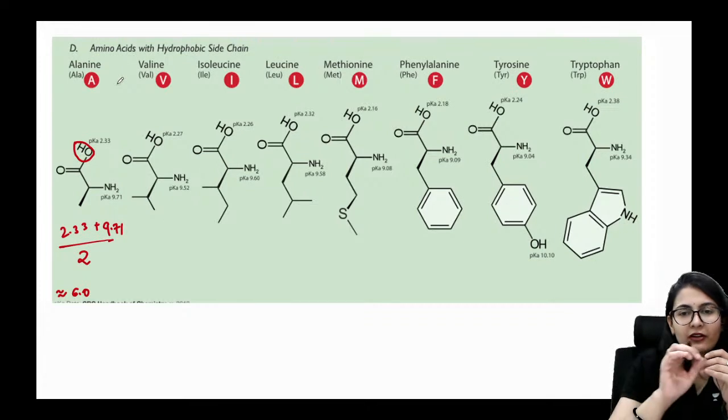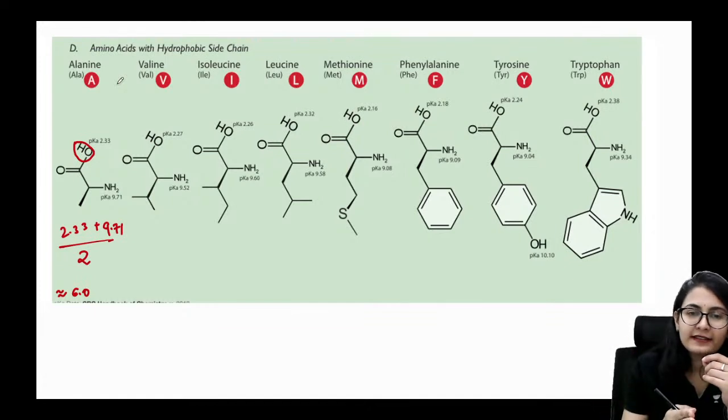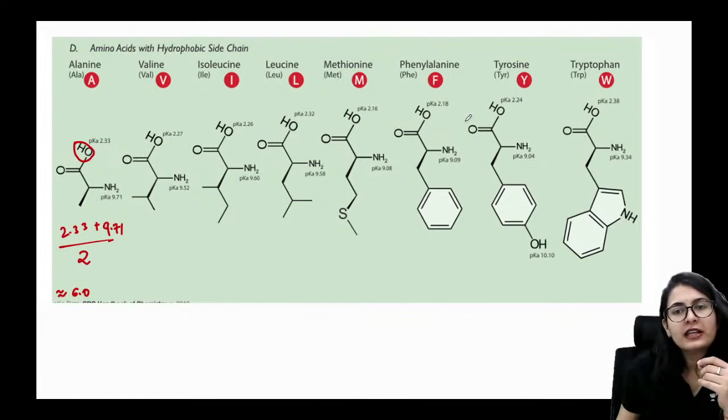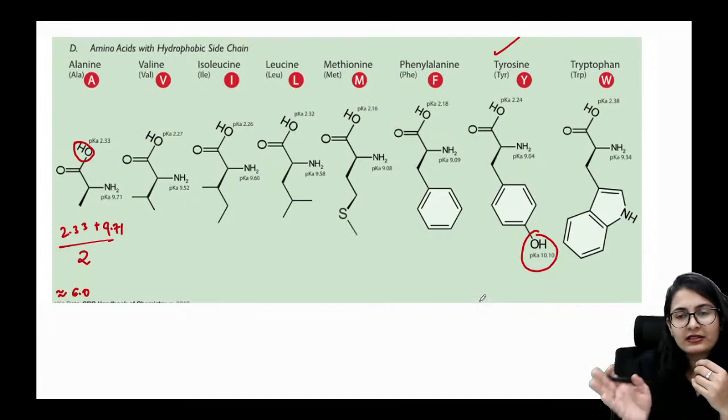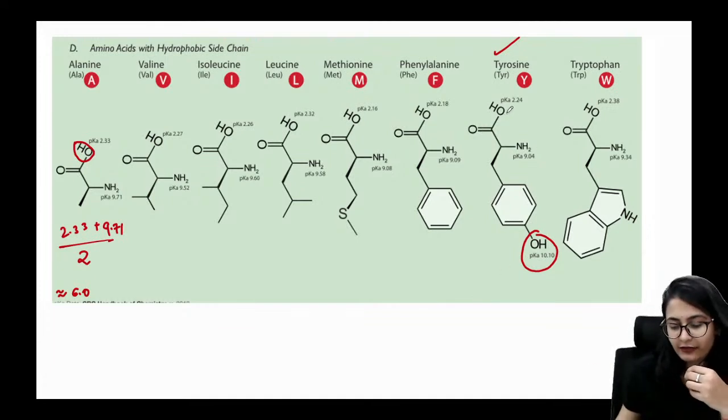Similarly, in all of these molecules, you only have two groups, the carboxylic acid group as well as the amine group. Only tyrosine is one which has a phenolic OH group. Okay, so this is going to be a little bit different, but the isoelectric pH of tyrosine is calculated in this way only.